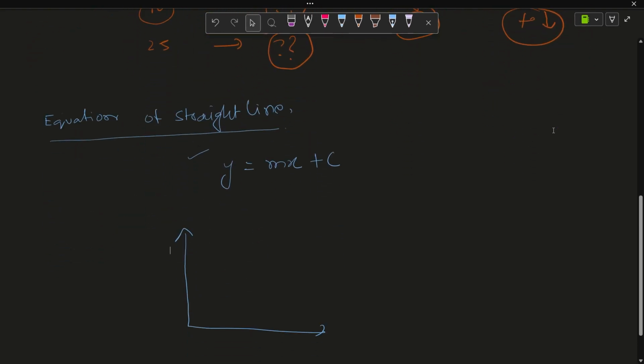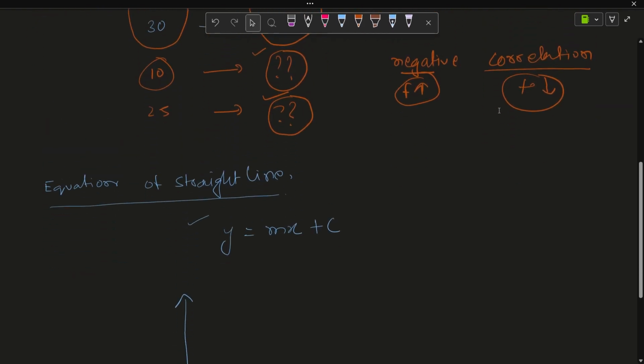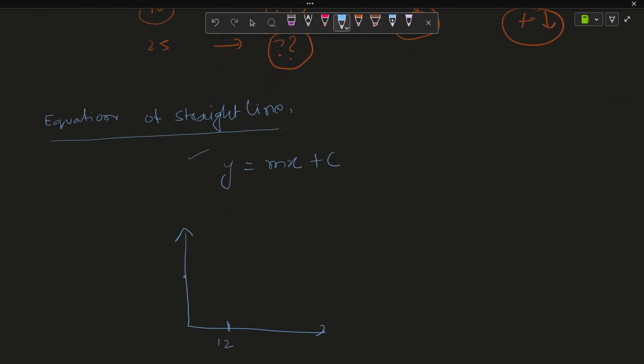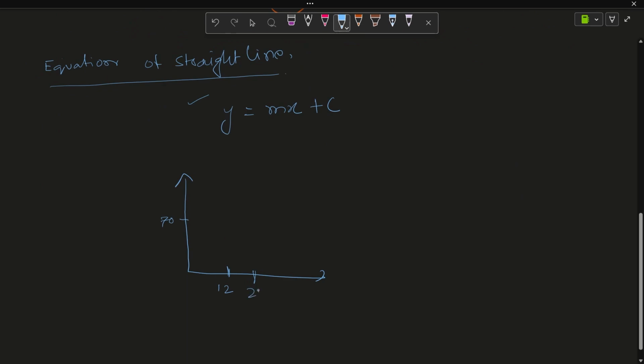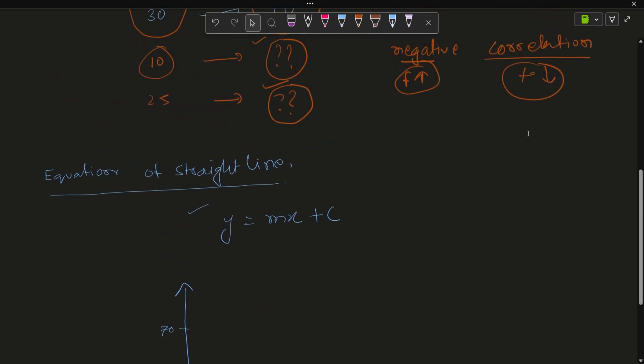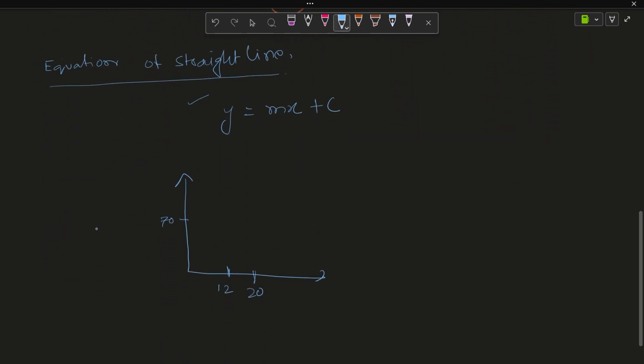For 12 hours, you are getting 70, right? If someone studied for 20 hours, they will get around 80. And if someone studies for 30 hours, they will get 90.